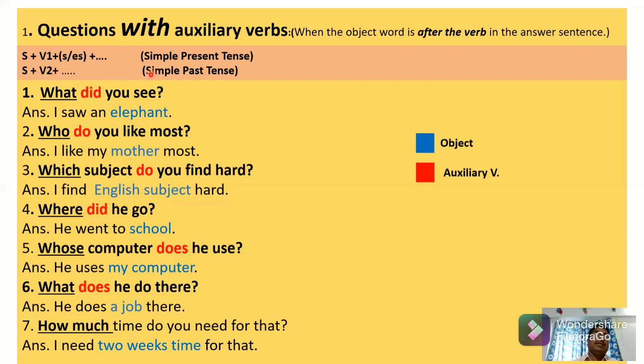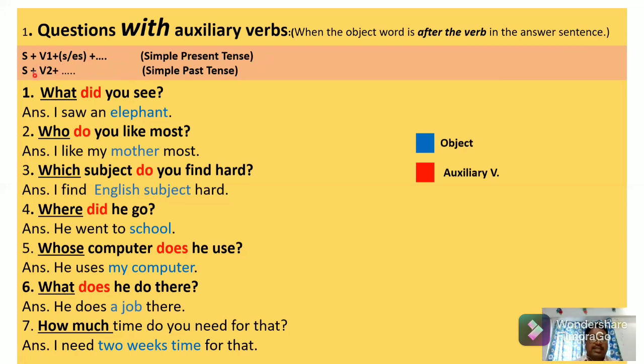But simple present and simple past don't take an auxiliary verb. The structure of simple present tense is subject plus V1 plus s or es. If the subject is third person singular, we have to add s or es to the main verb in the sentence.